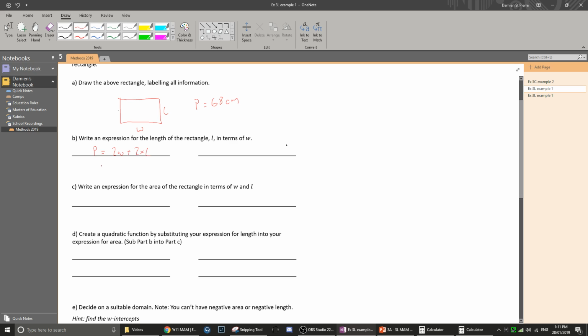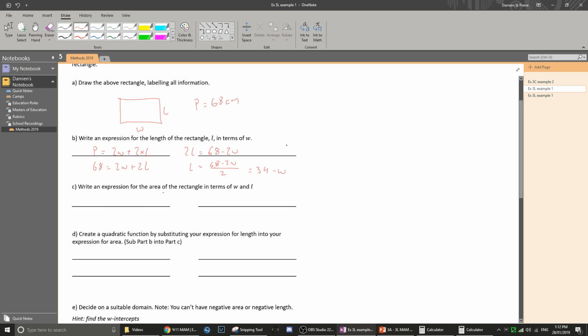So 68 equals 2W plus 2L. We want it in terms of W, so 2L equals 68 minus 2W, and L equals 68 minus 2W on 2, which is equal to 34 minus W.